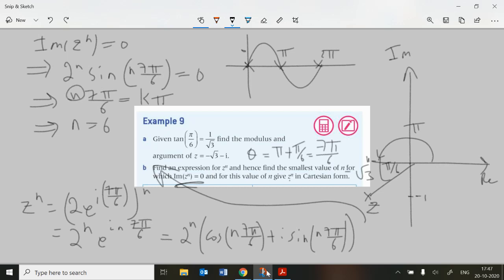Because when you times by 1, 2, 3, 4, 5, you're going to get some fraction in terms of sixths. But when we times by 6, the 6 is going to cancel, giving us a natural number times pi. So n is 6 is the natural number which is working there.